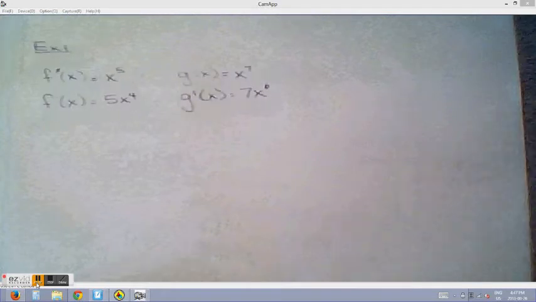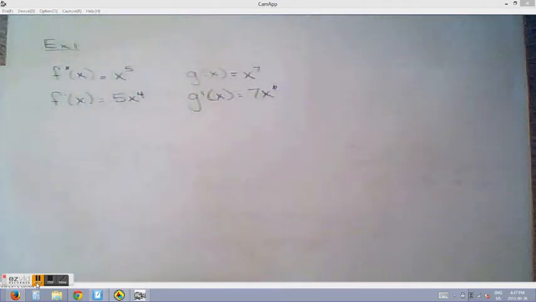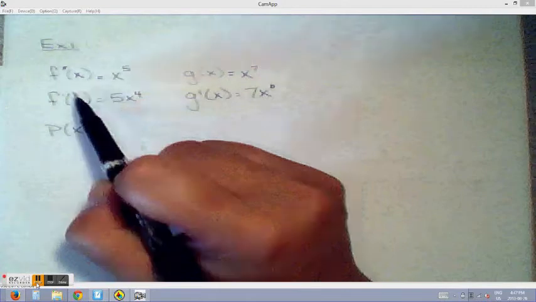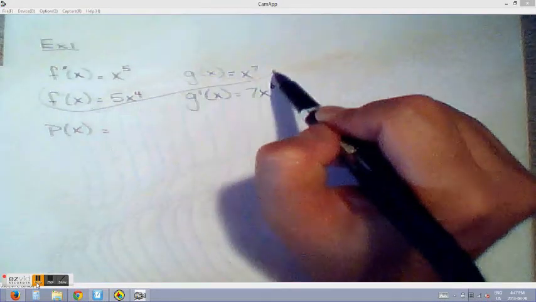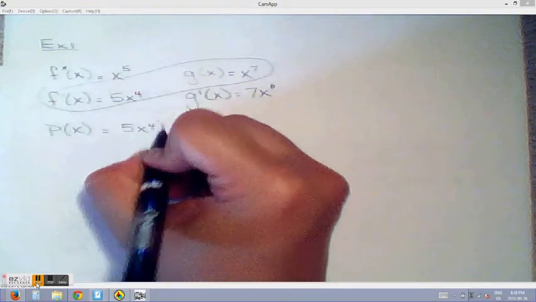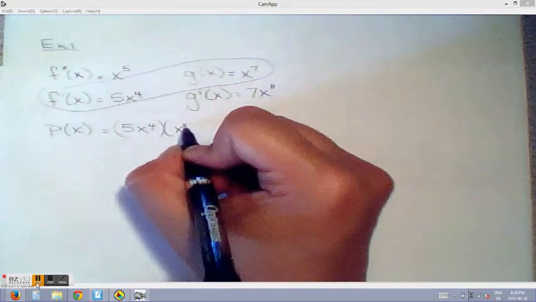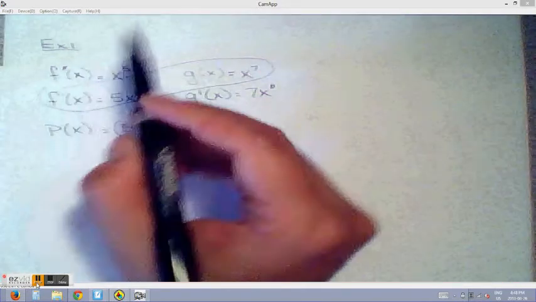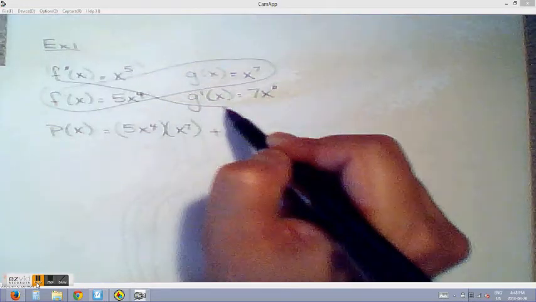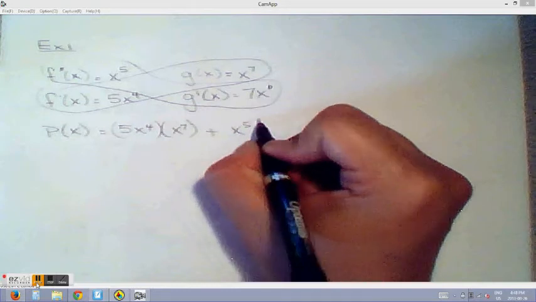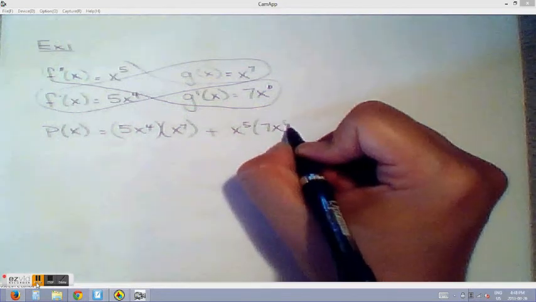Now remember that p prime of x is the derivative of the first times the second. So 5x to the exponent 4 times x to the exponent 7, plus the first times the derivative of the second, so x to the exponent 5 times 7x to the exponent 6.